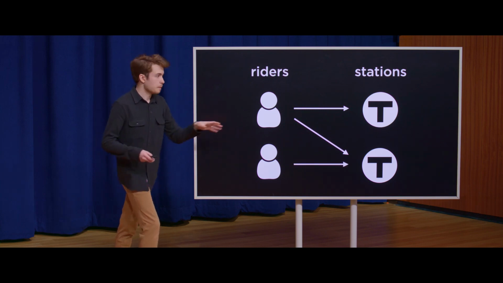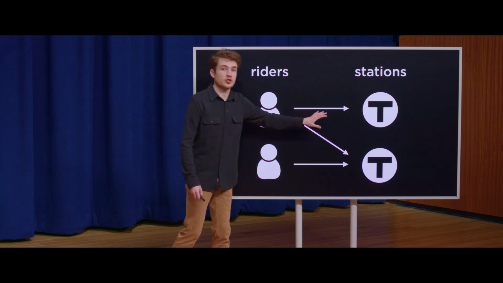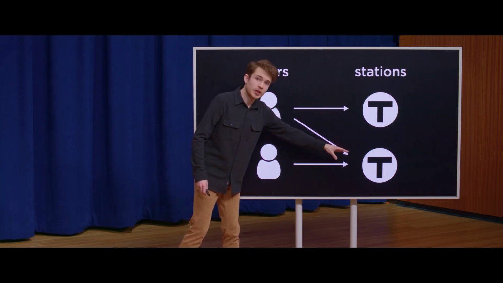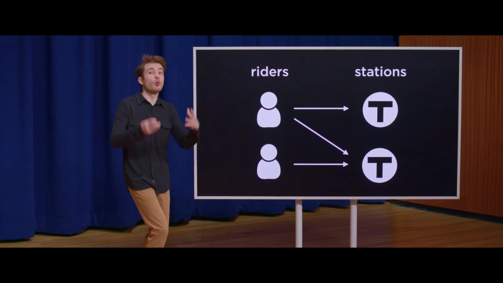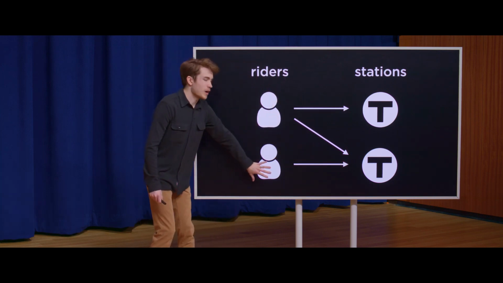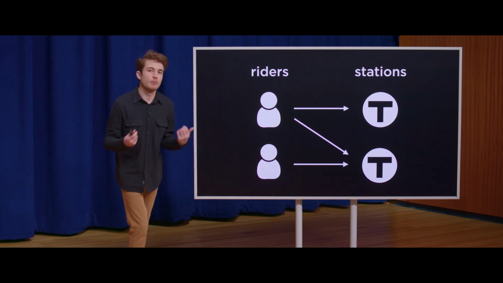So to recap, one rider might be associated with more than one station. They might get on at this first one and get off at this later one. But each station could presumably have more than one rider. Each station here could have rider A or rider B, the rider up here or the rider down below, and even many more than that as well.